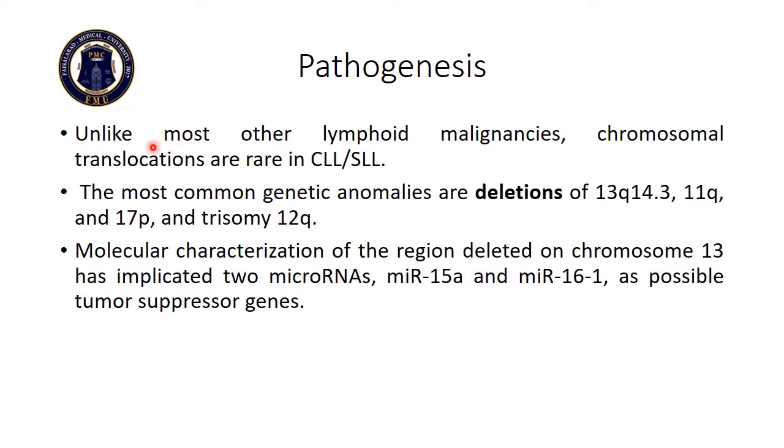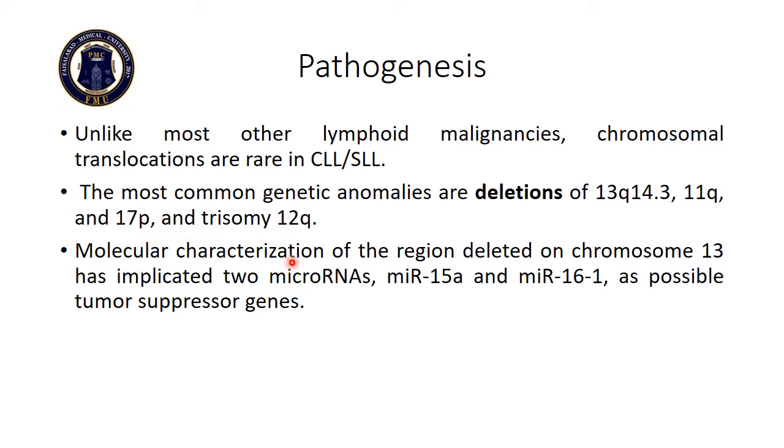Pathogenesis. Unlike most other lymphoid malignancies, chromosomal translocations are rare in CLL or SLL. The most common genetic anomalies are deletions of chromosomes 13q, 11q, and 17p, and trisomy 12q.